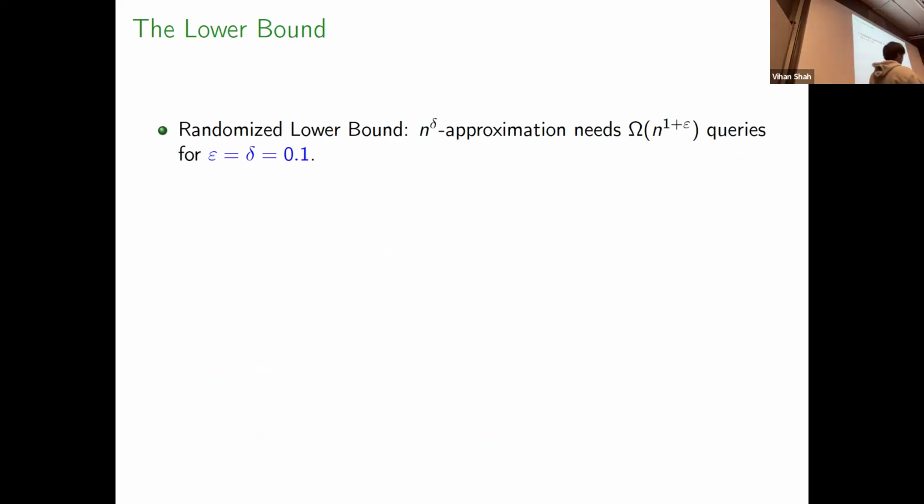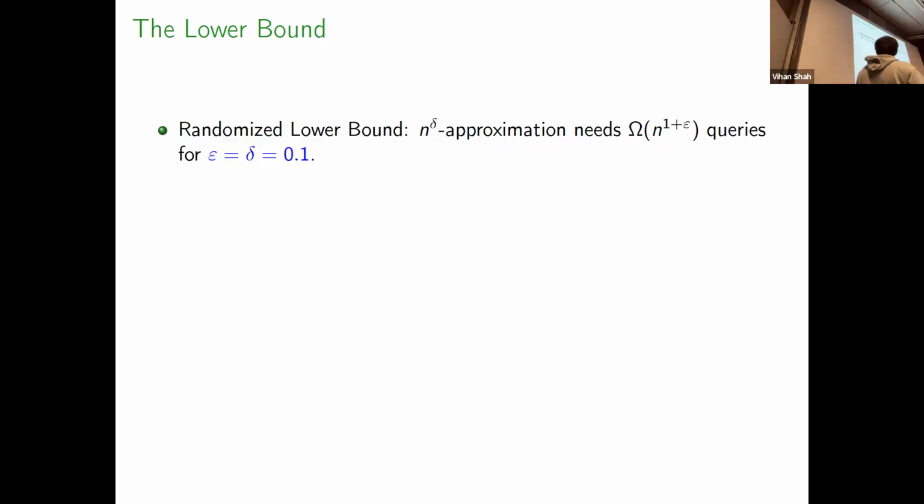So here I want to prove this lower bound that says that for some n to the delta approximation, I need n to the 1 plus epsilon queries. For simplicity, let's set epsilon and delta equal to 0.1. This is not going to lie on the trade-off curve, but it's just calculation.